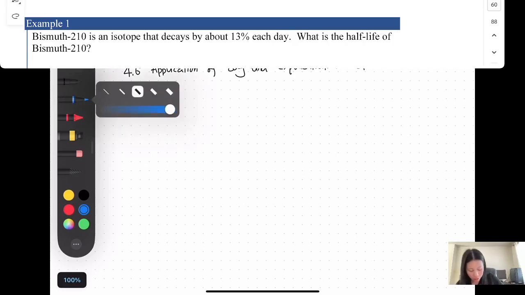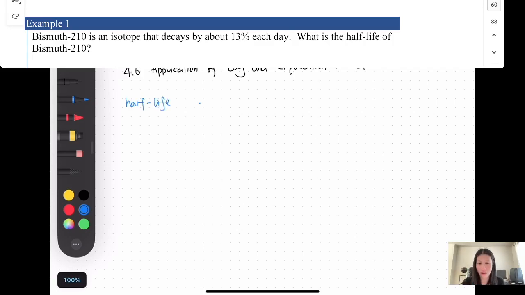Well, half-life, by definition, for a radioactive isotope, is the time it takes for half of the substance to decay.